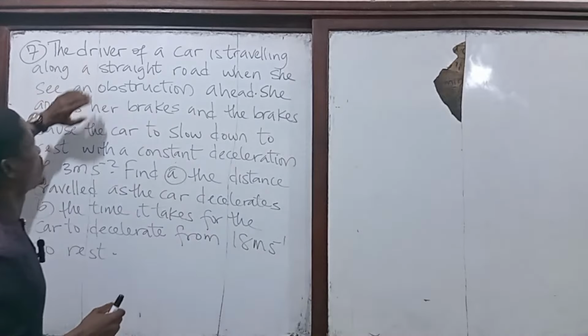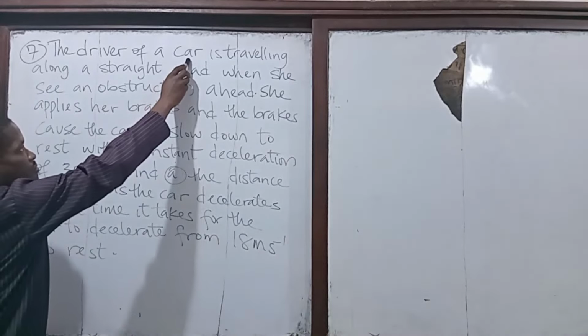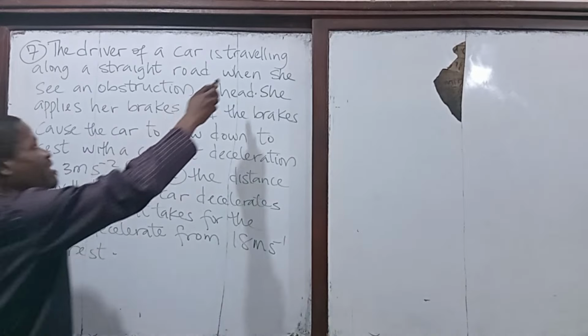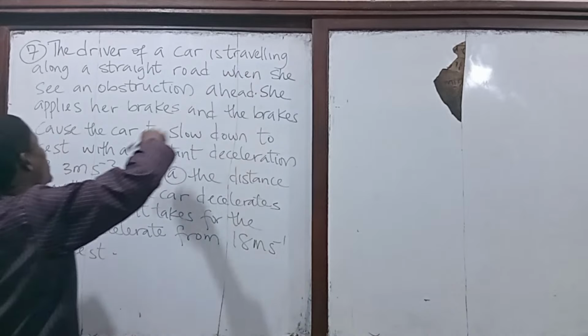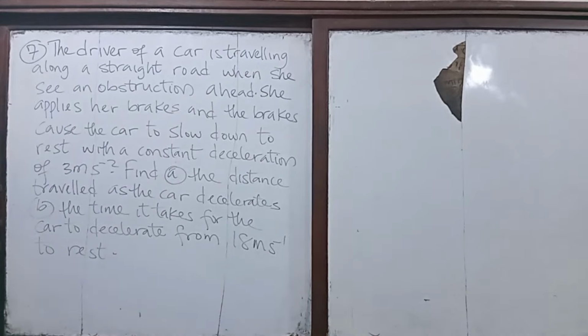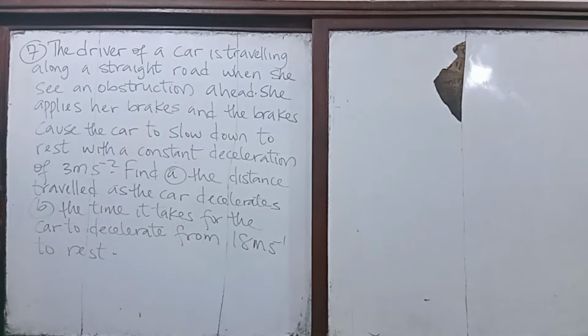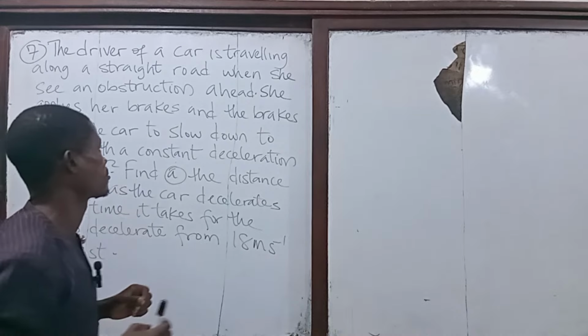Question 7. The driver of a car is traveling along a straight road when she sees an obstruction ahead.